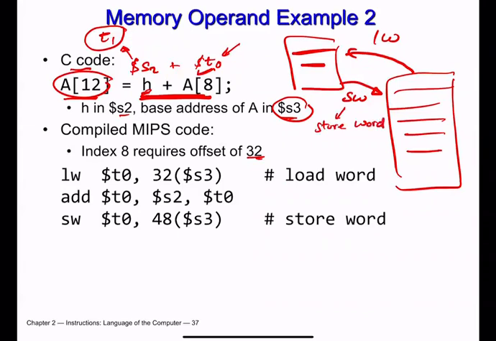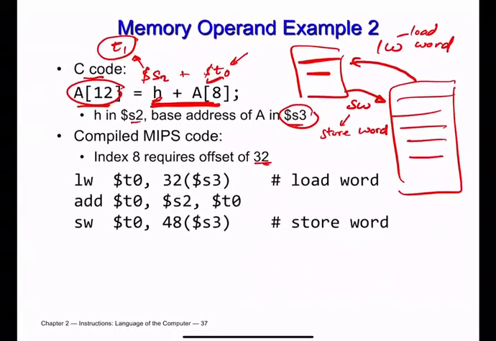So after I have this in a certain place, let's say T1, please store word T1 to that particular location, and let's say that location is called A[12]. My job is to know where this A[12] is inside my memory.